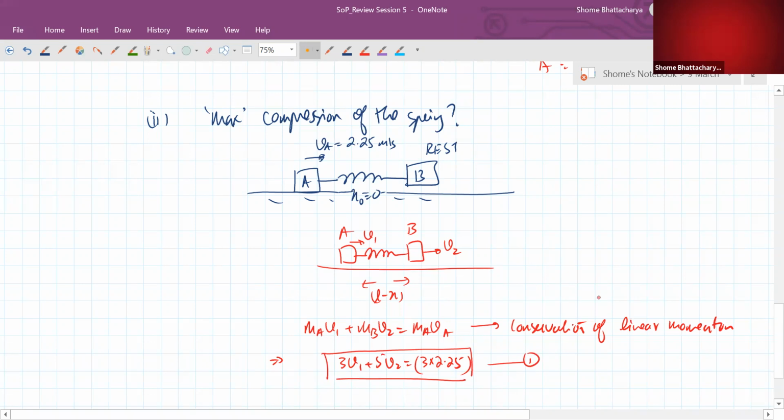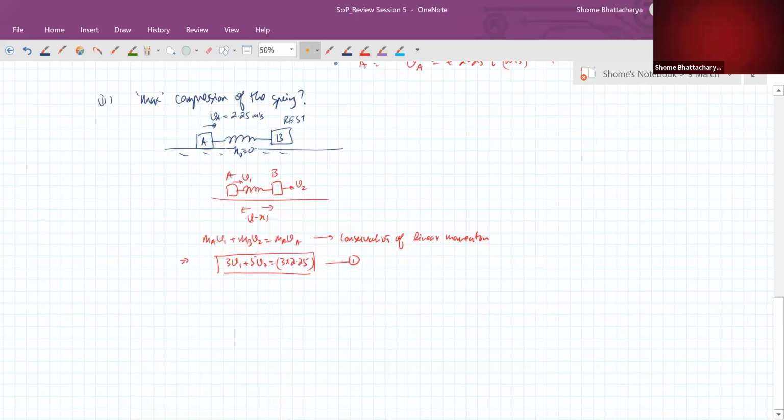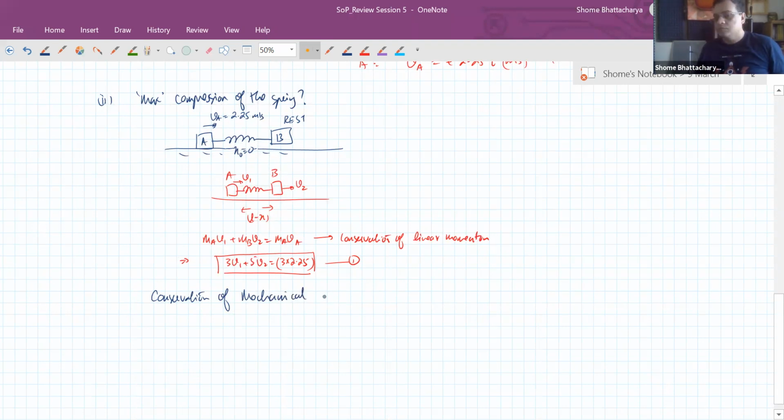And conservation of mechanical energy will give us our second equation. This is taking A plus B plus the spring as our system. Same here also. We are taking A plus B plus the spring as our system.